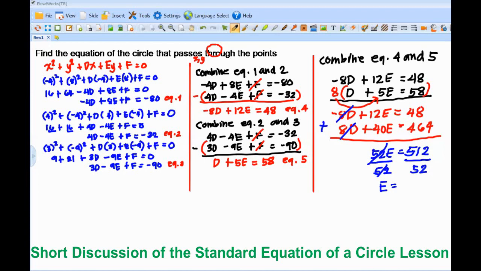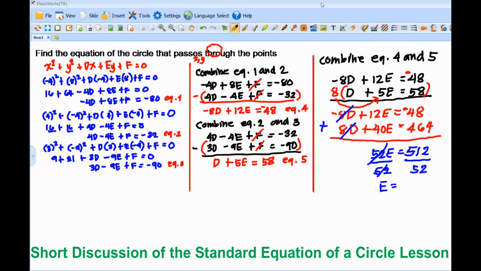Negative 4D plus 8E plus F. I also think I got confused here. Yes, sir, it's negative 48. It should be negative 48. So we missed the negative 48. Okay, so negative 48, and this should be 464 minus 48.